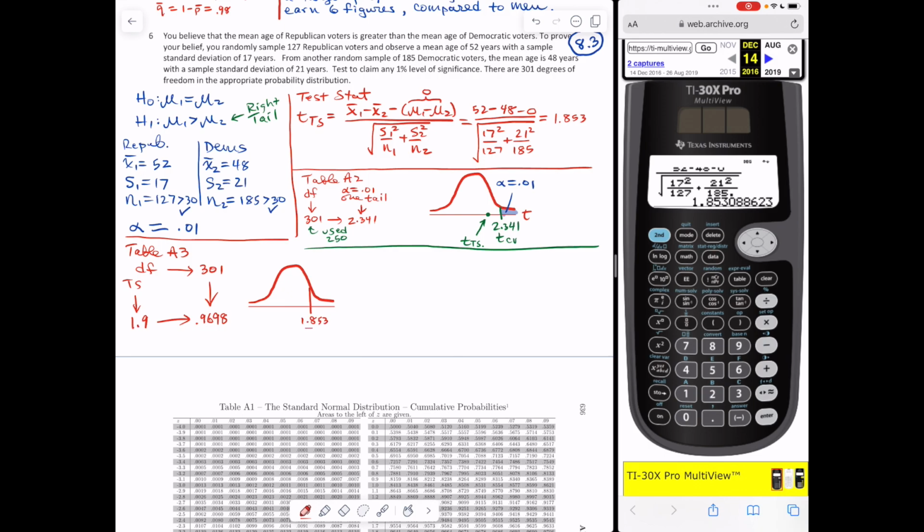That's our T test statistic. Okay, and of course we rounded that to a 1.9 in the table. And so the table is telling us that the area to the left is 0.9698. Okay, so here's the p-value.